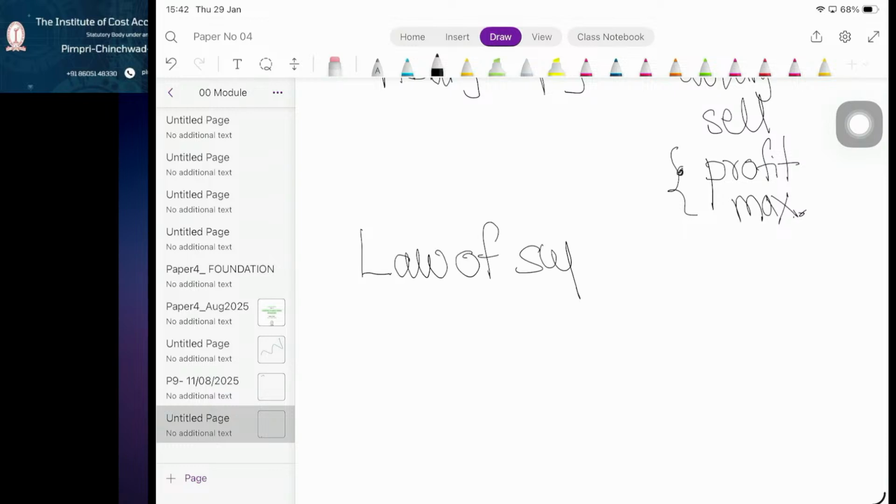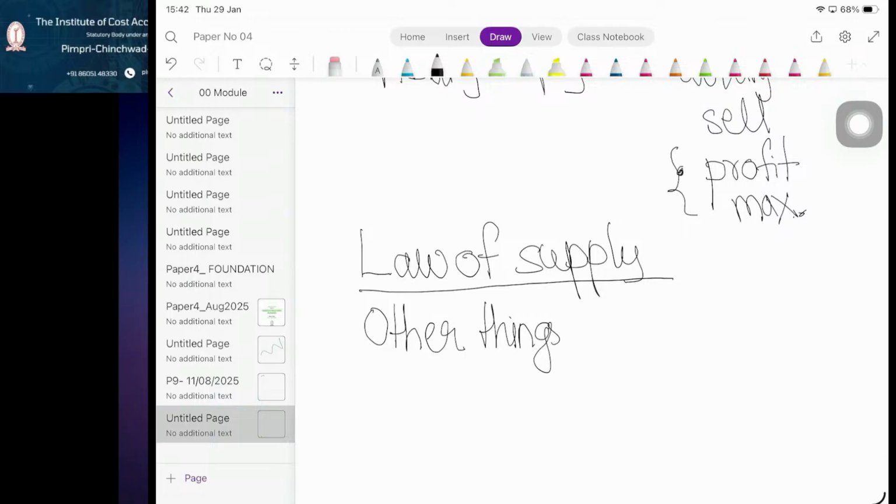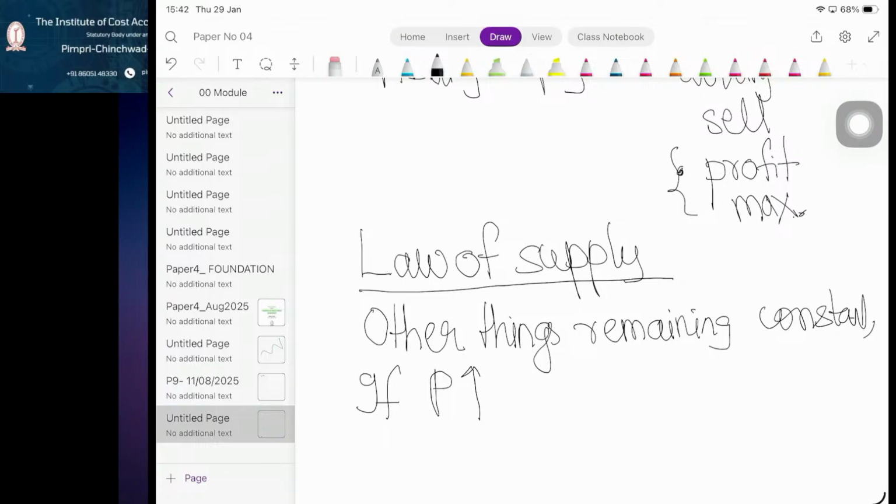Law of supply, just write this. The law of supply states that other things remaining constant, if price increases, then quantity supplied also increases.